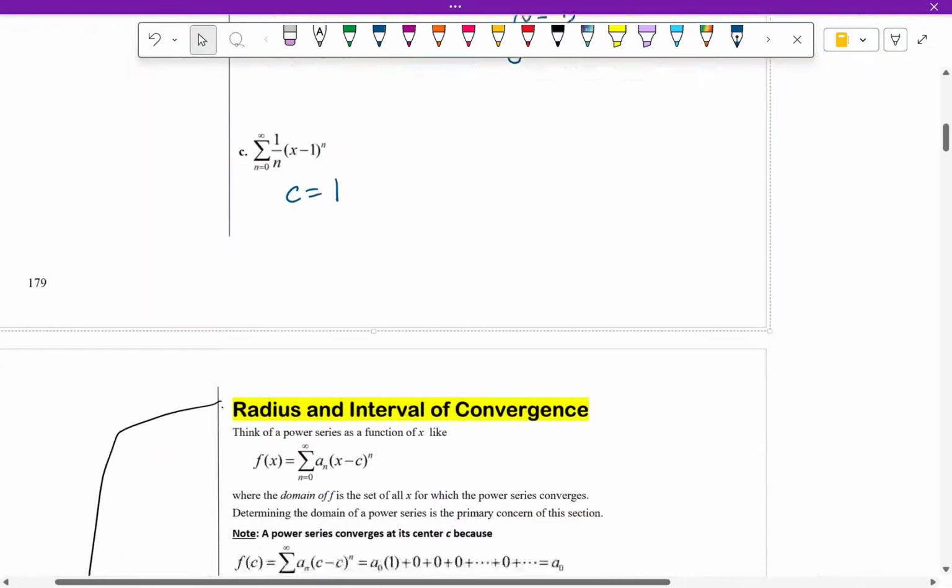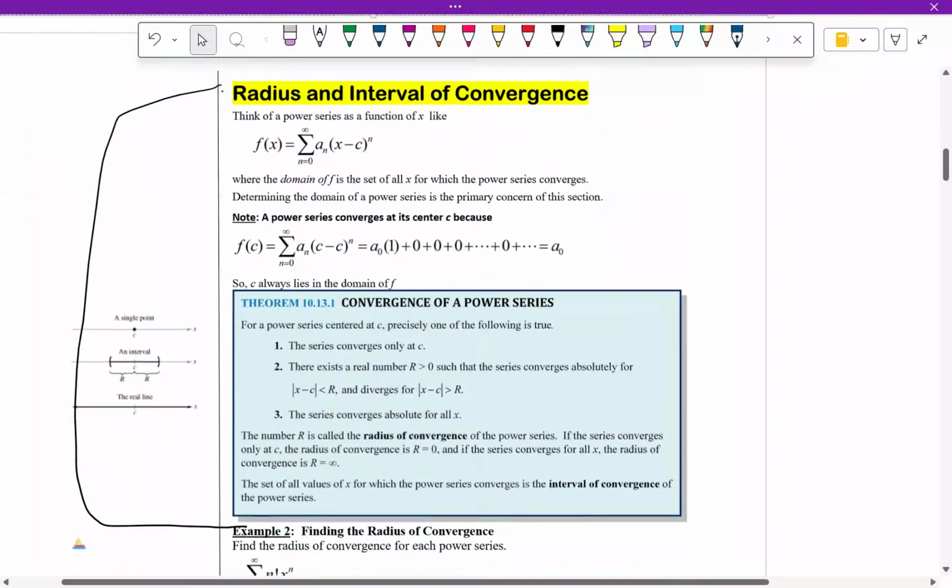All right, everybody's reading through this chunk right here for me, okay? I'll give you like 2-3 minutes. Especially the box.